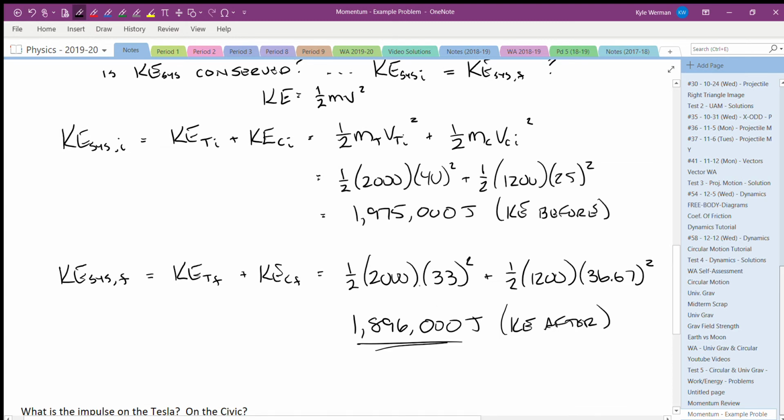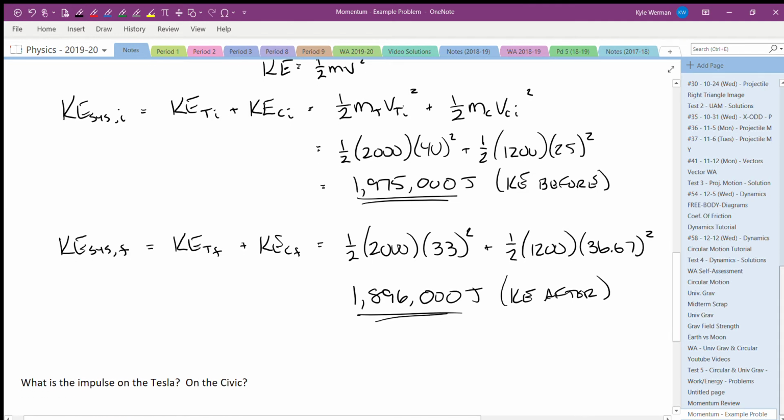And with that being the case, it looks like we lost some energy. Those values are not the same. If I take 1,975,000 and I subtract the value I got, now my calculator I have it stored, and so I have the exact value. We can actually subtract and find a value for the energy lost.